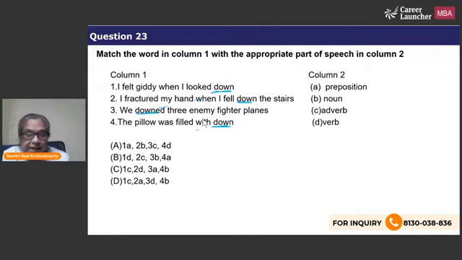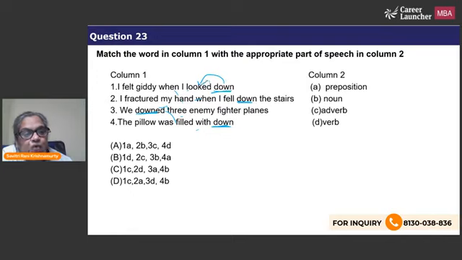All right. Now, quickly tell me which is the correct one for 23. Excellent. I've got different answers for 23. This down, let me just quickly tell you.